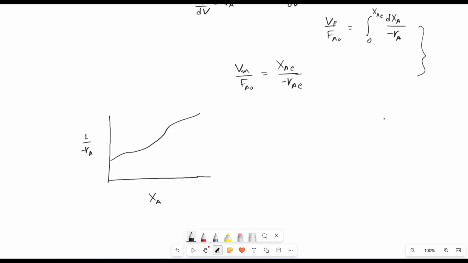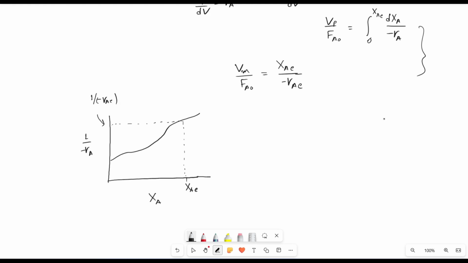Suppose this is the exit conversion XAE. Now, to get the RHS expression for CSTR, suppose first we take CSTR. This is XAE and this is minus 1 by RAE, that is evaluated at exit concentration. So this value is 1 by minus RAE.